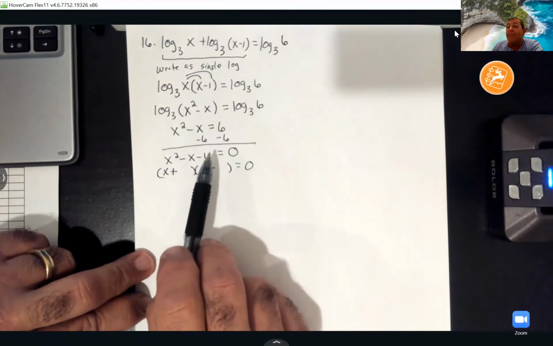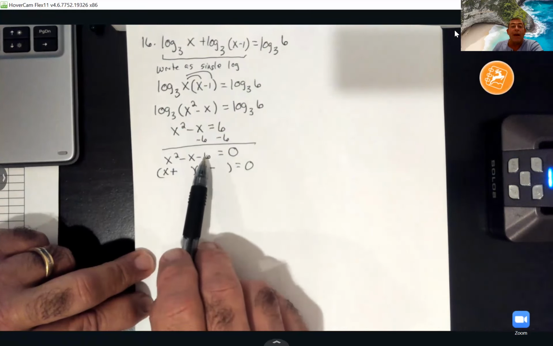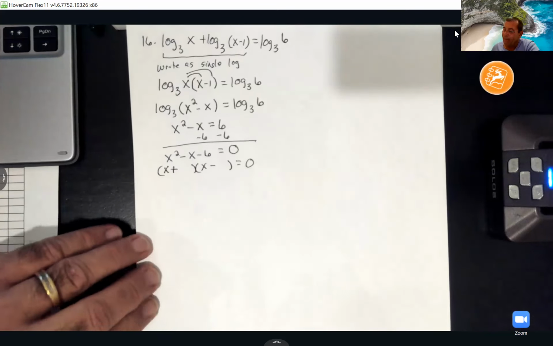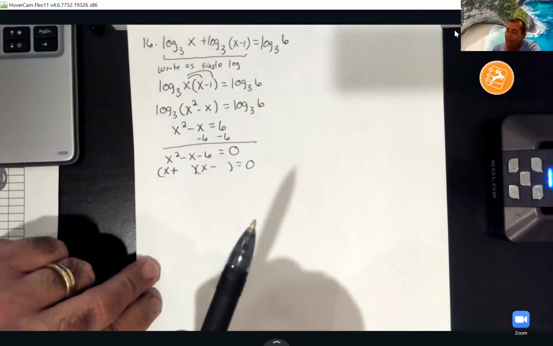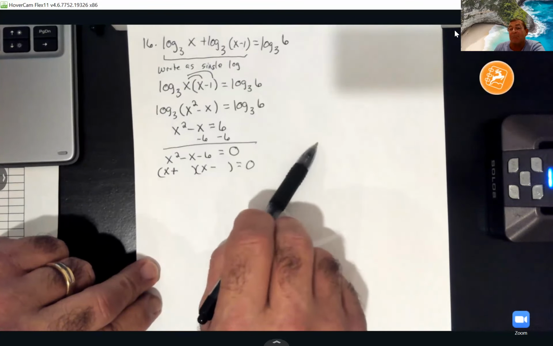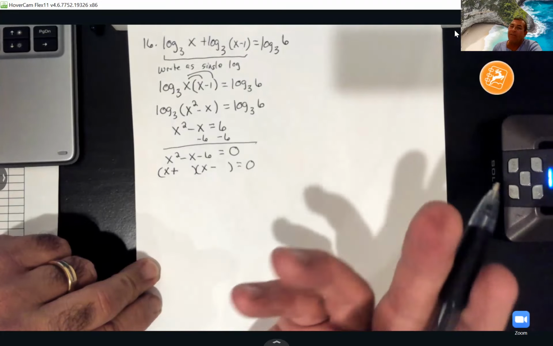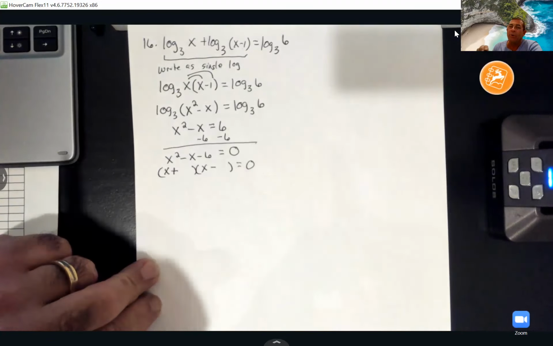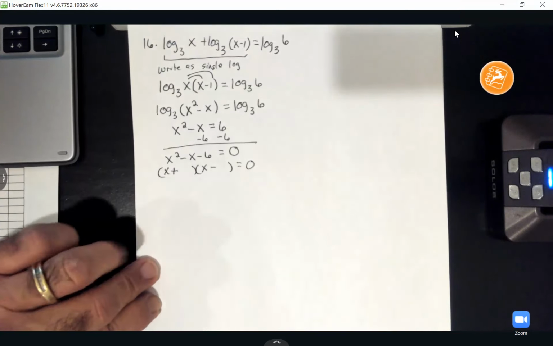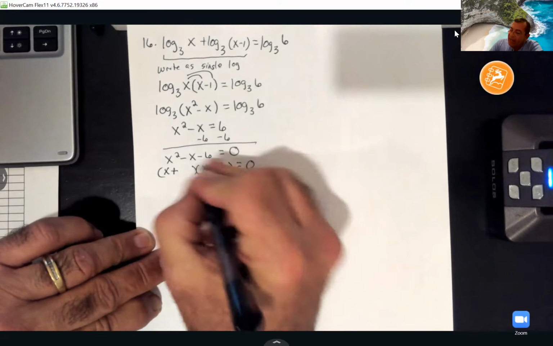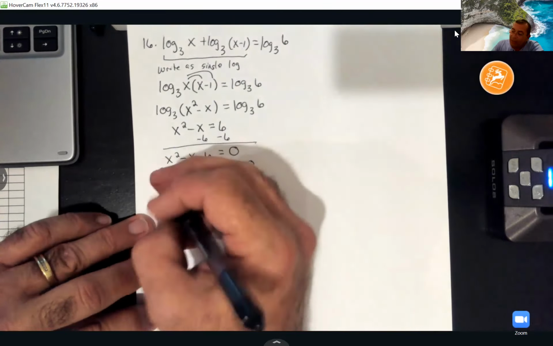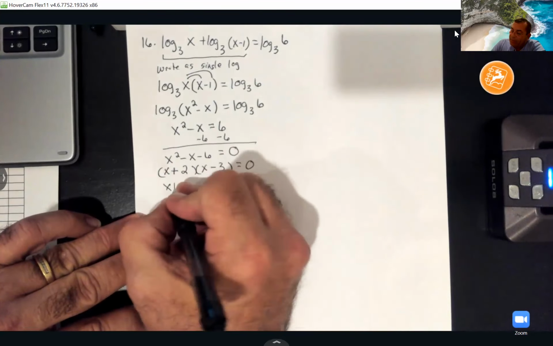What factors of 6 will subtract to give me a 1? So 6 can be 1 times 6, but that subtracts to give me a 5. So what else will multiply to give me a 6? 2 and 3. So the 3 will be negative like the middle, and the 2 positive. All right, y'all, so set both these equal to 0.